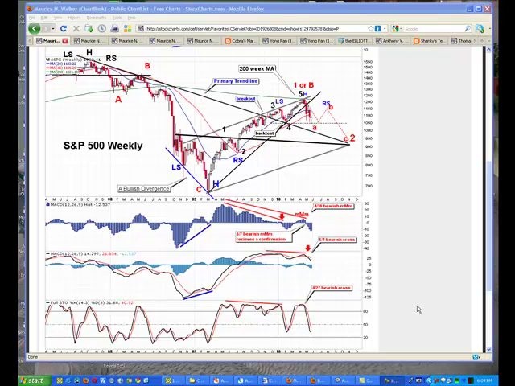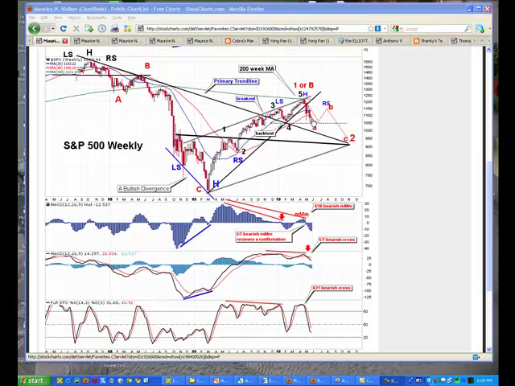We're now looking at the weekly chart here. And as I said last week, I still expect us to go down and touch this line right here, which is probably still around 990, somewhere in that range.